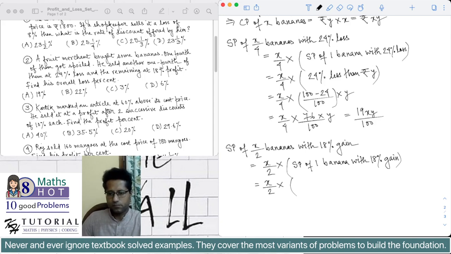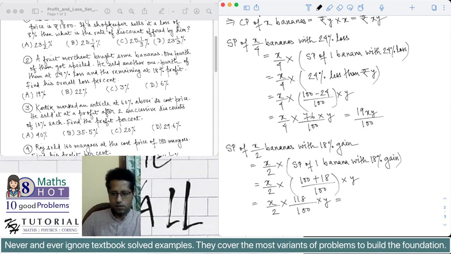It will be 100 plus 18, the gain percent, divided by 100, multiplied by y. This is x by 2 multiplied by 118 divided by 100 multiplied by y. After simplification, 2 divides 118 with 59. So this is 59xy divided by 100.